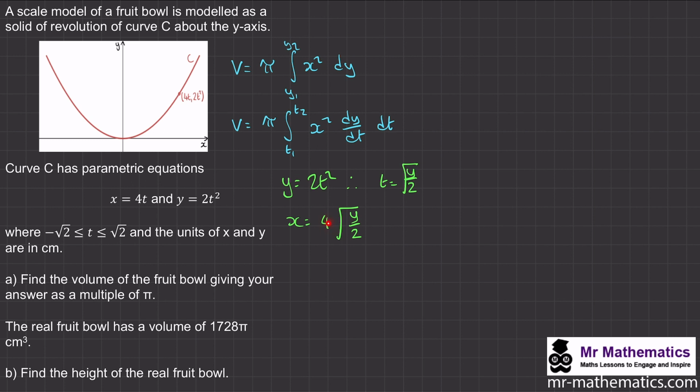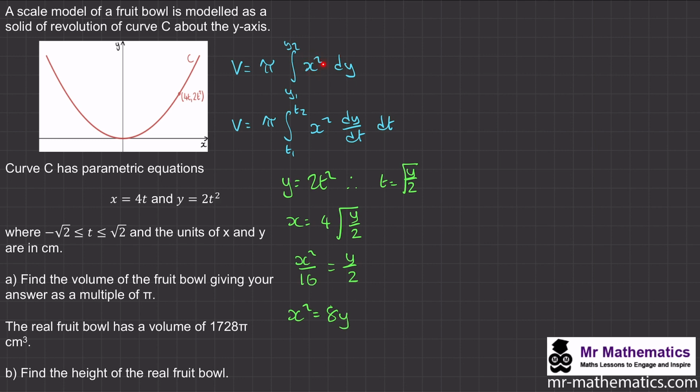We'll move this 4 to the left hand side and square both sides, so we get x squared over 16 will equal y over 2. And then to get x squared, we'll multiply both sides by 16. So x squared will equal 8y.